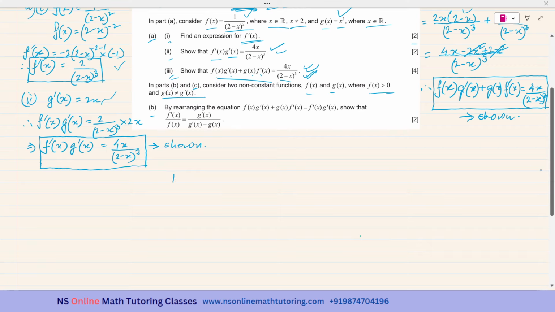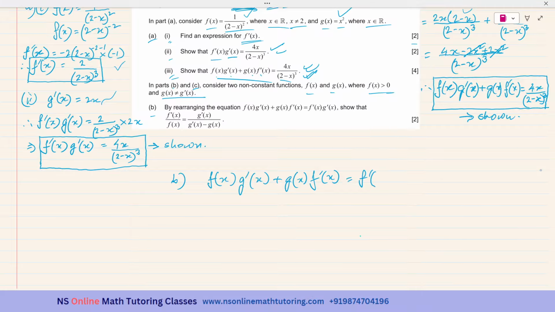Fine, so let me start over here. So part B, f of x times g dash x plus g of x times f dash x is equal to f dash x times g dash x.